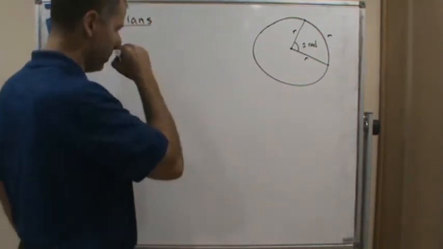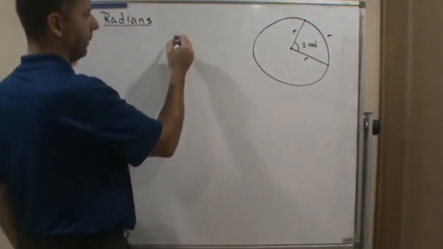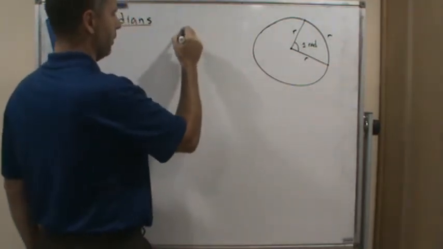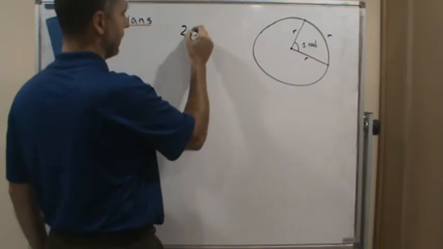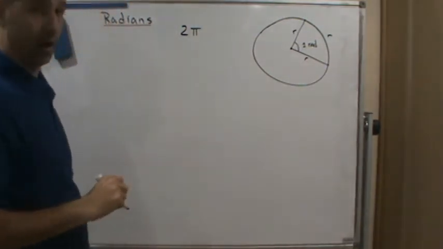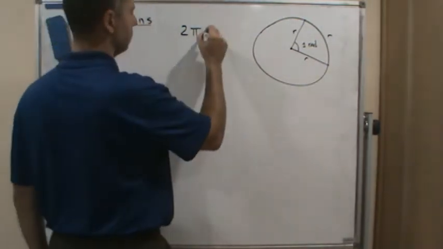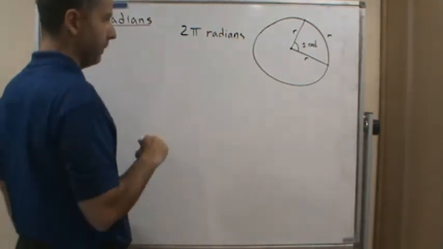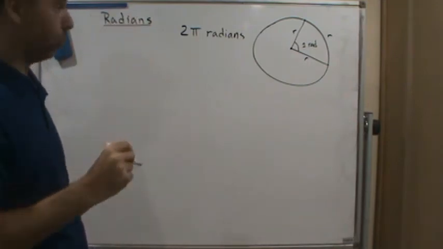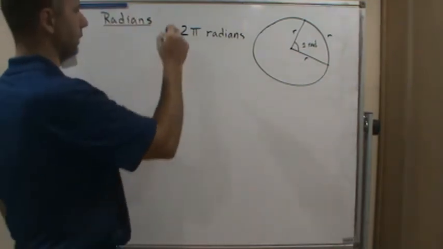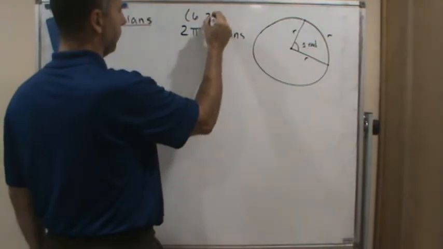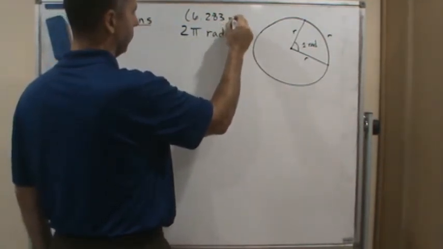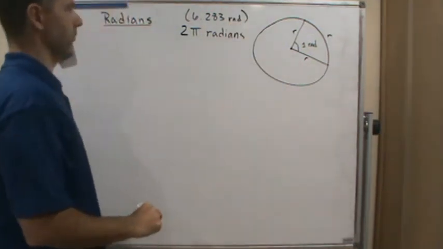Well, it turns out that it takes 2 pi radians to do 1 full revolution, or approximately 6.283 radians.